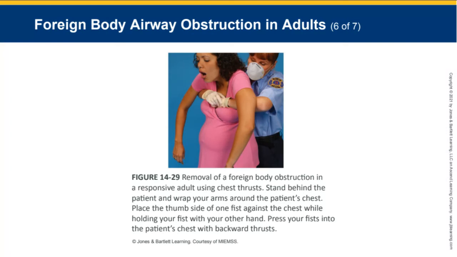Place the thumb side of one fist against the chest while holding your fist. With your other hand, press your fist into the patient's chest with backward thrust. So with the chest, you're going straight in. With the abdomen, you go in and up. And again, remember to keep your thumb on the inside. Your thumb is very weak, so you can sprain it very easily if it's on the outside.